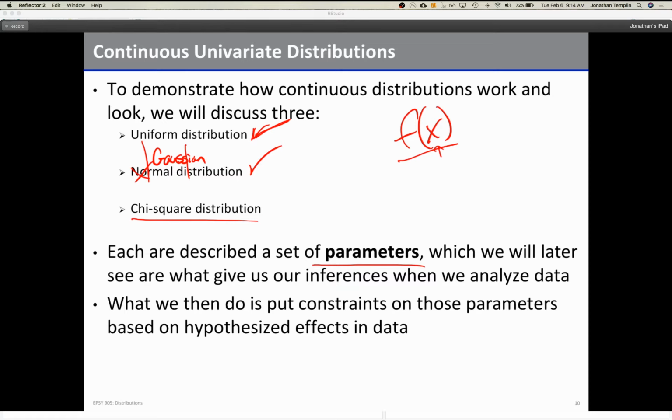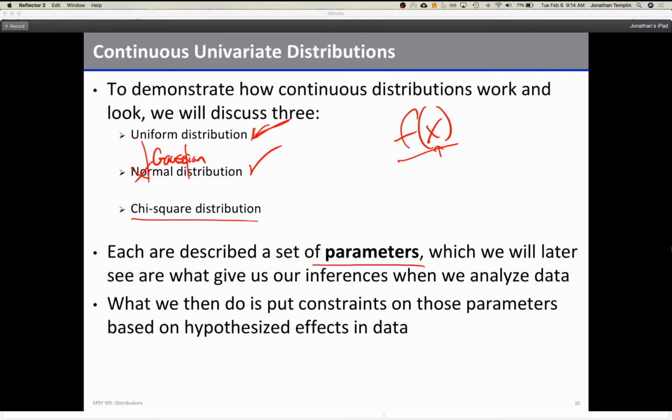Each distribution has a set of parameters, and often those parameters are what we're going to take advantage of in our data analysis. For instance, by the end of this lecture, you're going to see in the linear model that what we're doing with the fixed effects, with the beta weights, is providing a parameterization for the mean of the distribution. So we substitute out the mean with this kind of regression line, which provides a conditional mean.